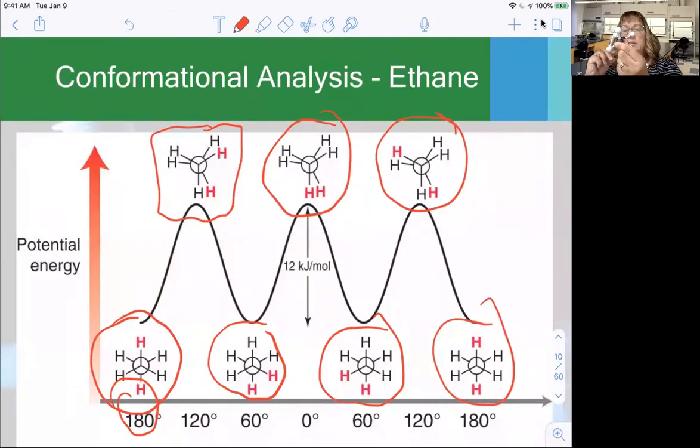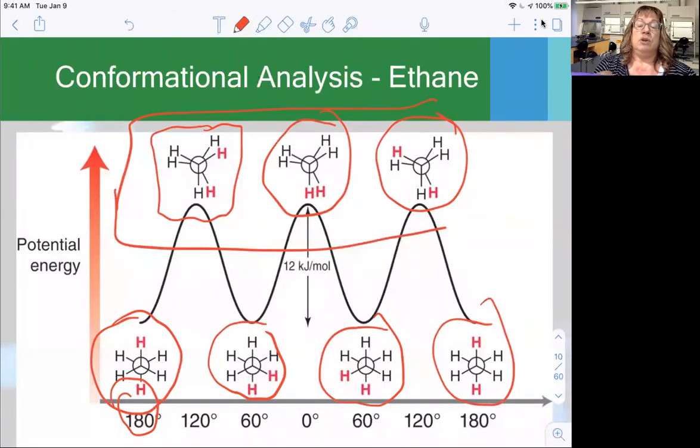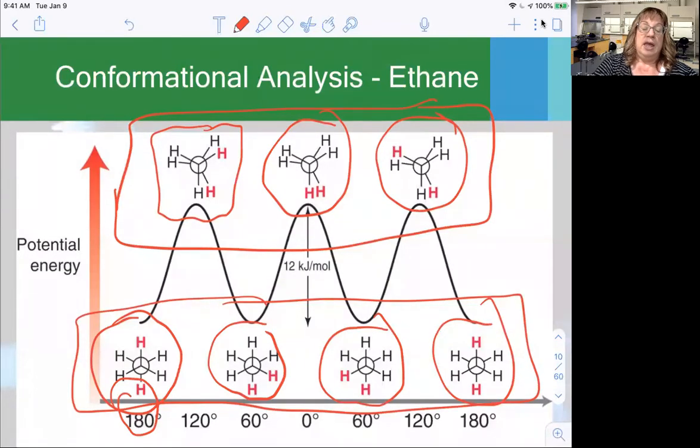Because each one of these is a hydrogen on all carbons, the eclipsed conformation and the staggered conformation are going to be the same when I look at rotating from this one to this one to this one. What I'm trying to say is that these 3 conformations, even though they're technically different from one another, are going to be equal energy. And then these guys are also equal energy. And the difference in energy is going to be that 12 kilojoules per mole.